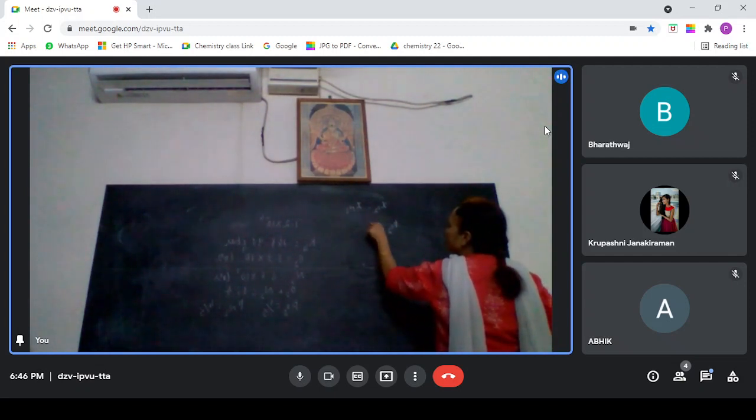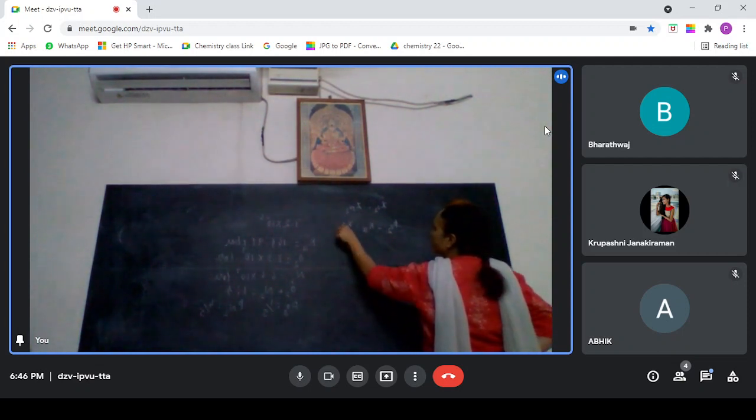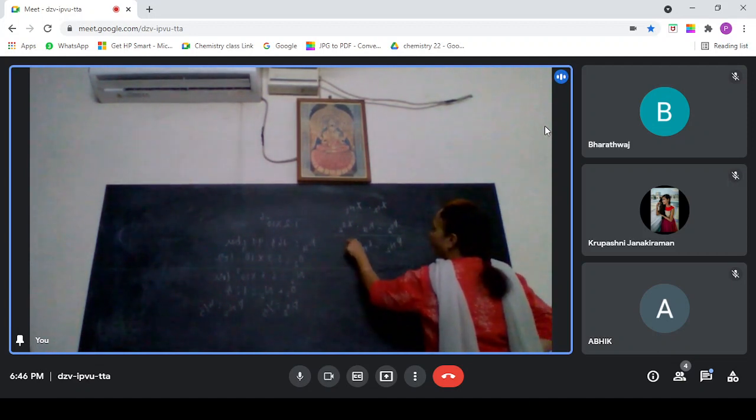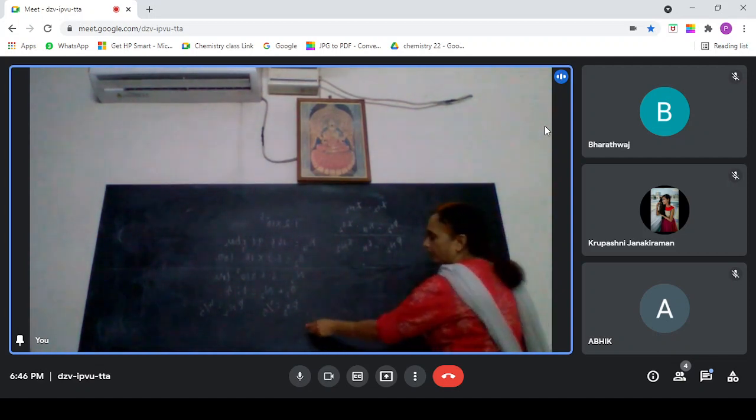Partial pressure of oxygen is equal to kH of oxygen into x of oxygen. Divide by partial pressure of nitrogen is equal to kH of nitrogen into x of nitrogen. So, substitute now.